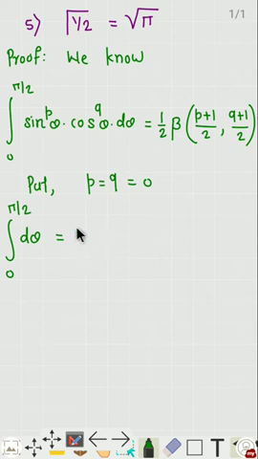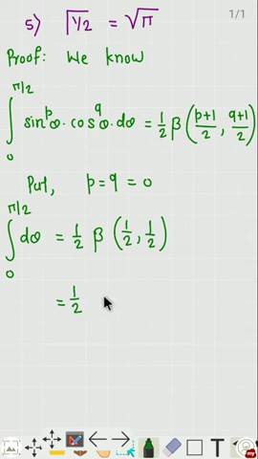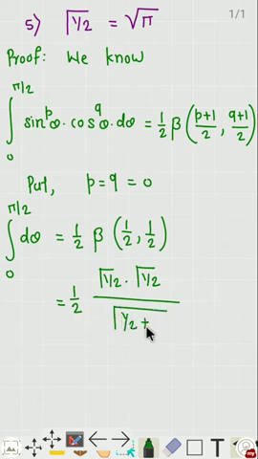It is equal to 1/2 into beta 1/2 comma 1/2, and by the fourth property of beta function, the relation between beta function and gamma function, that relation is gamma half into gamma half whole divided by gamma half plus half.